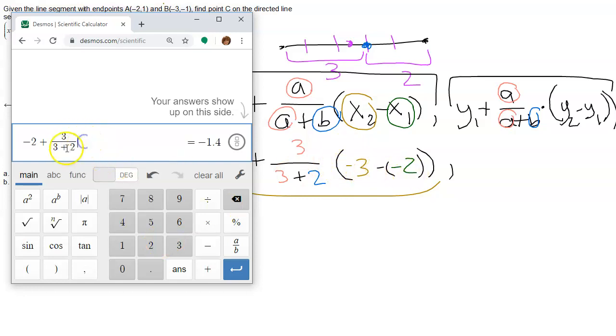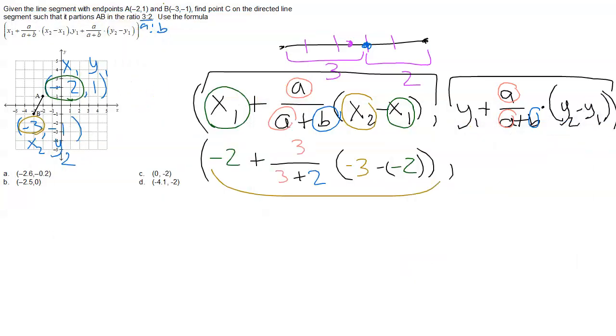So we click to the right on this calculator and hit multiply, parenthesis, -3 minus parenthesis, -2. It fills in the last 2 parentheses for you, so you don't have to worry about that part. And then it pops out the answer over here, -2.6. So all of that simplified to be -2.6.